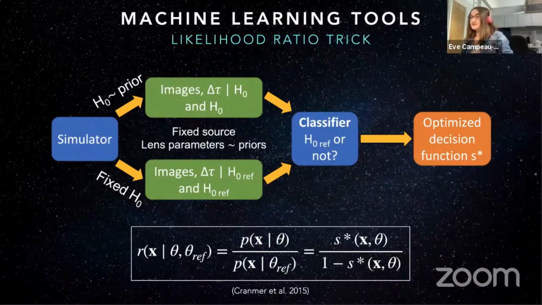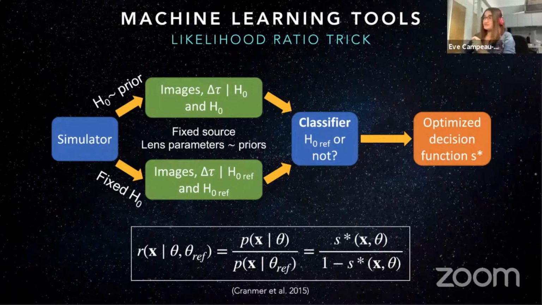So we want to train a classifier to distinguish between these 2 sets. Our classifier has to tell: was this simulation created from the fixed value of H-knot or anything else? And the inputs are the image, the time delays, and the value of H-knot.